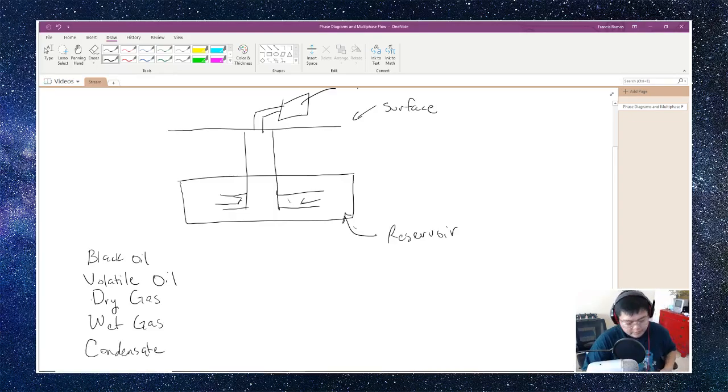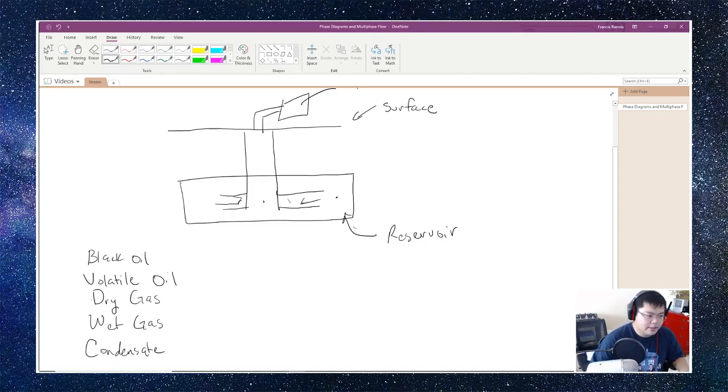So when we have oil from here to here, think of it like a change in pressure. So we have a high pressure going to a lower pressure. Okay.